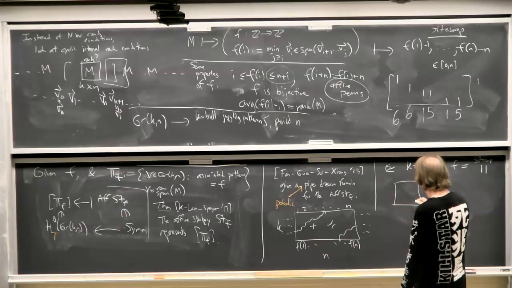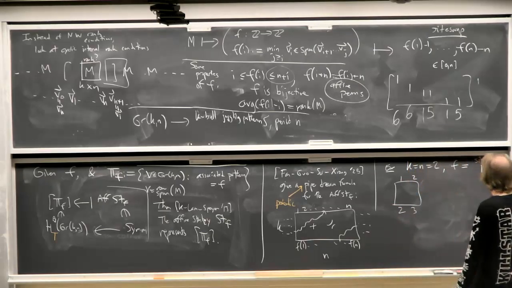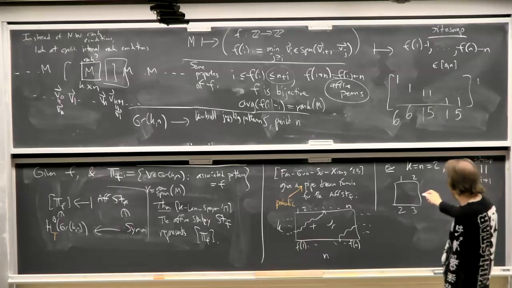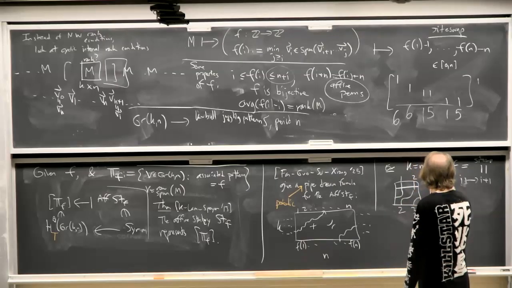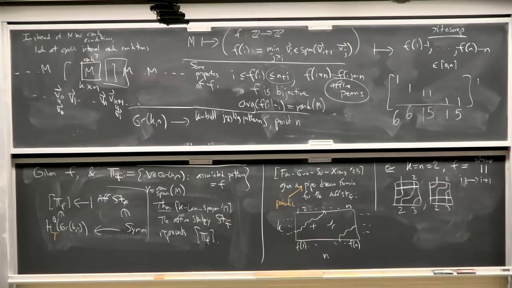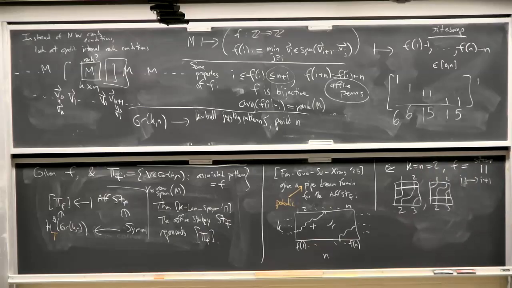I want to have 1, 2 here and 2, 3 there, because this is really i going to i plus 1. And so there are 2 options. I could have crosses up there and then bumps there, or I could have crosses down here and bumps there. Here are the 2 periodic pipe dreams for this case. Now this case might look kind of stupid because we're thinking about the Grassmannian of 2 planes in 2 space, so maybe not that interesting a case.